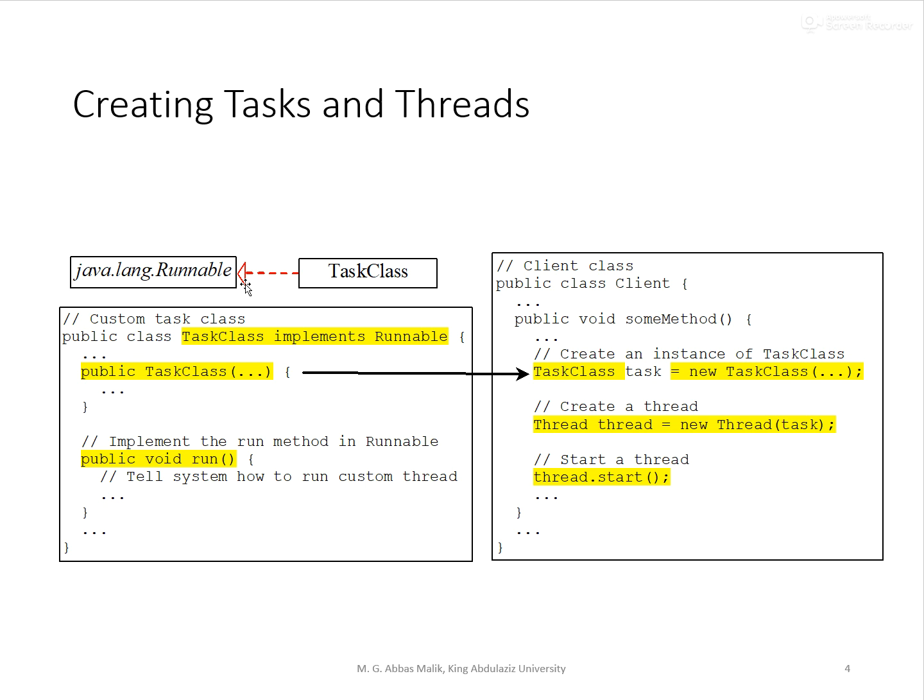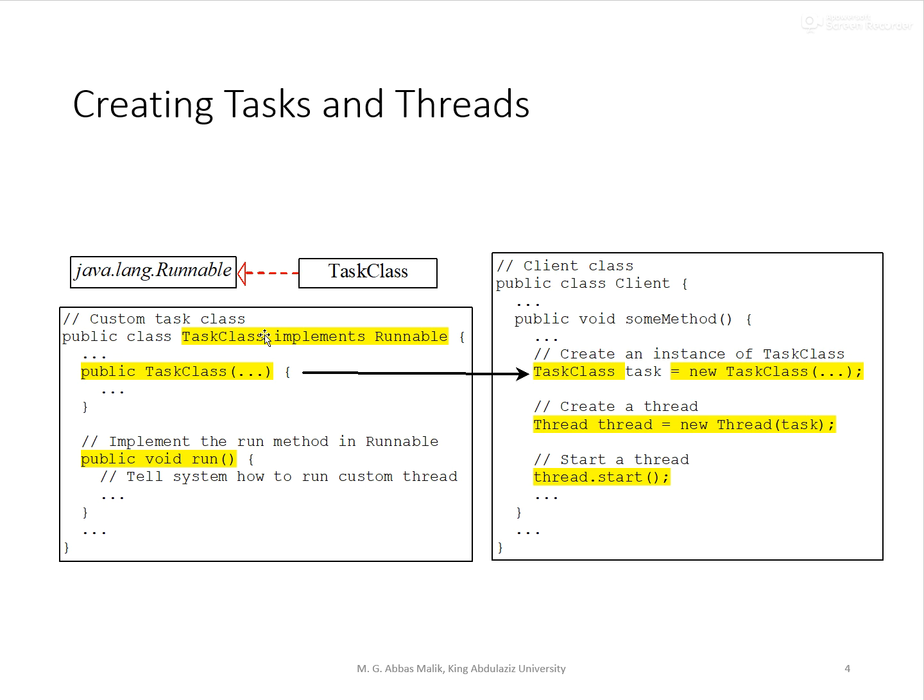So let's assume we make a class called TaskClass. The important portions in this code that you need to pay attention to are highlighted in yellow over here. So we have this class called TaskClass.